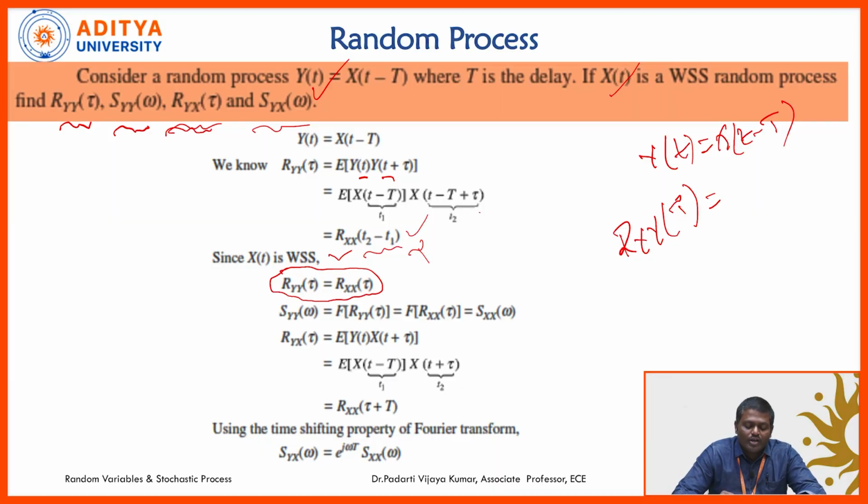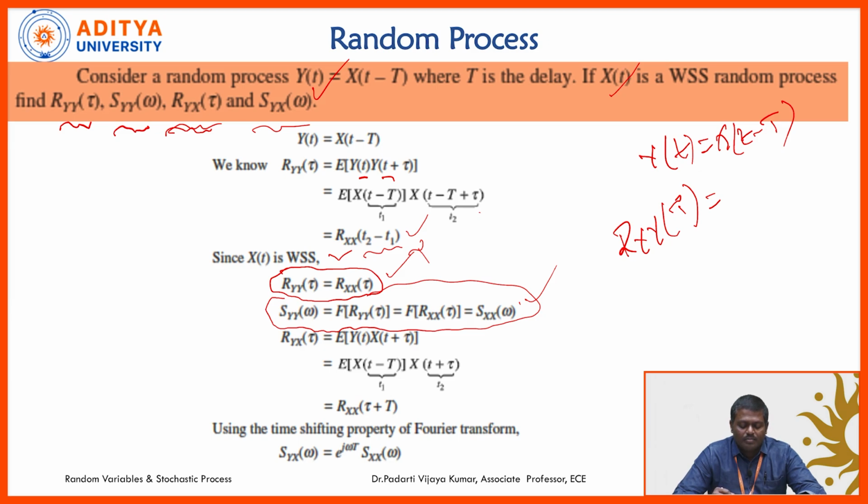Next, S_yy of omega is the Fourier transform of R_yy of tau. That is nothing but the Fourier transform of Rx of tau, which is Sx of omega. So, S_yy of omega is equal to Sx of omega, and R_yy of tau is equal to Rx of tau. Now, the cross correlation function R_yx is the expectation of Y of t into X of t plus tau, that is, expectation of X of t minus T, X of t plus tau.